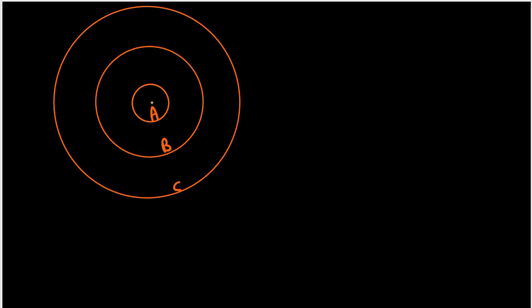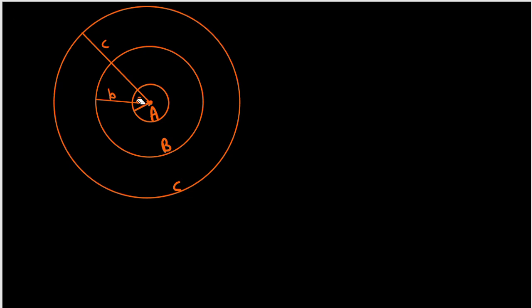Similarly, their radii are also named, this is a, this will be b, sorry, actually this is c, the third is c, and this is going to be b, so a, b, c.